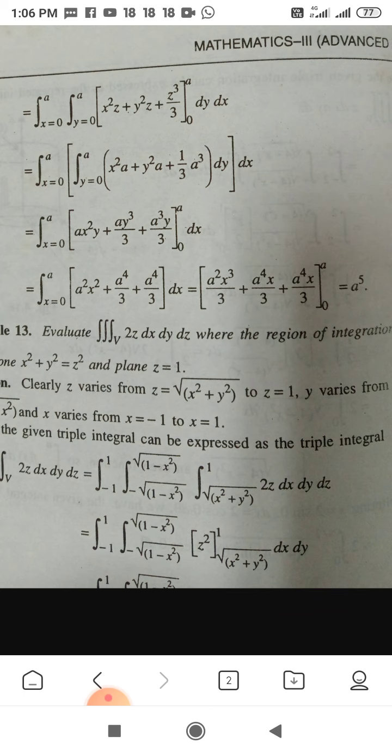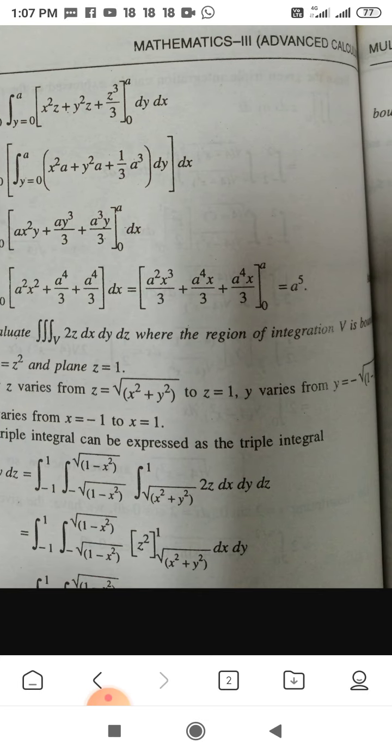So the remaining function will be a square x square plus a to the power 4 upon 3 plus a to the power 4 upon 3. So adding a to the power 4 upon 3 and again integrating with respect to x, it becomes a square x cube upon 3 plus a 4 x upon 3 plus a 4 x upon 3, from 0 to a.